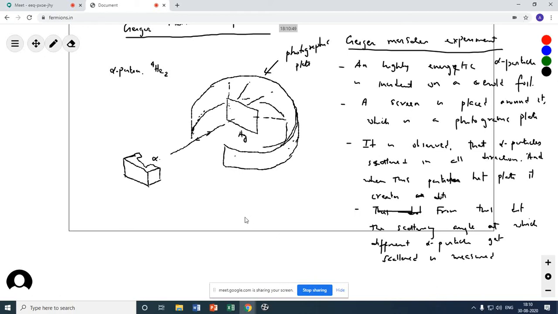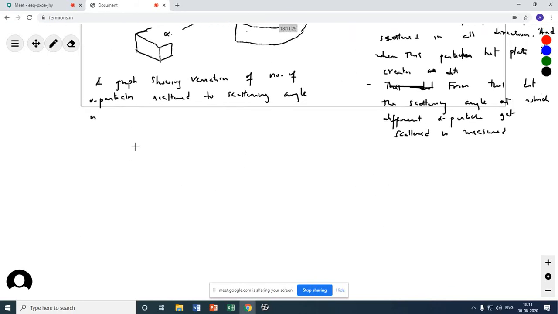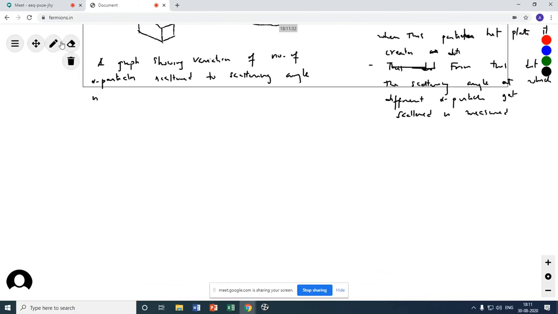So a typical graph showing the variation of number of alpha particles scattered versus scattering angle is something like this. If you plot the graph, you will see something like this.